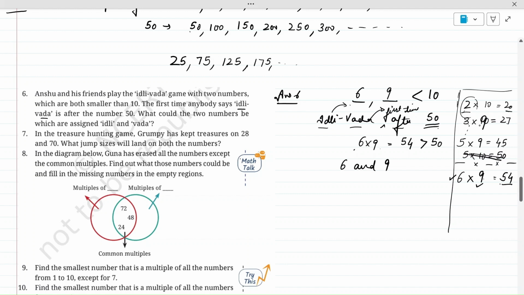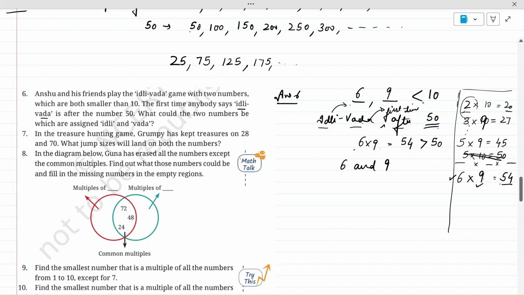So we will go to 6 now. With 6, we will multiply by a number until we get a product greater than 50. So 6 multiplied by 9 is 54, which is greater than 50. That means the first number we can take is 6. On 6 idli would be said, on 9 vada would be said.